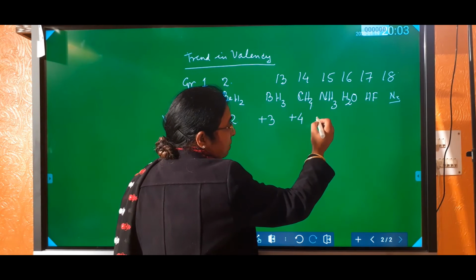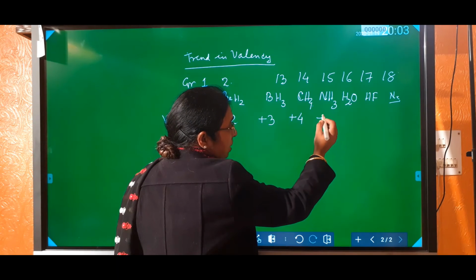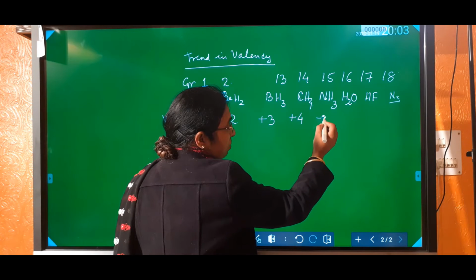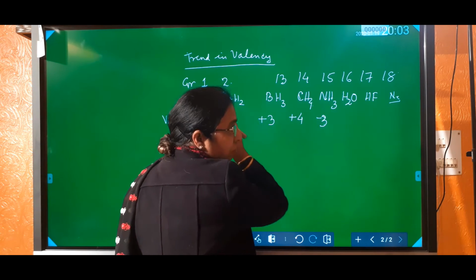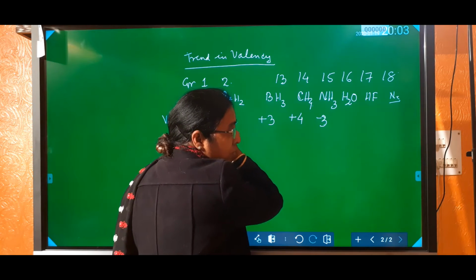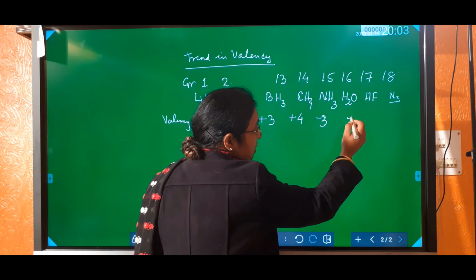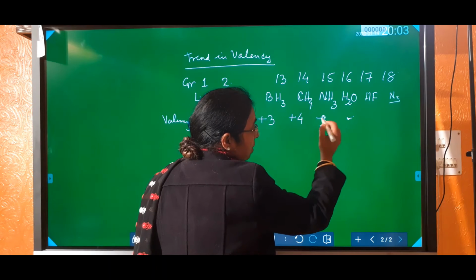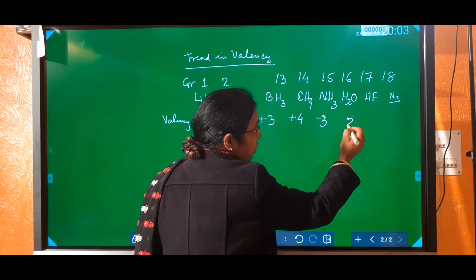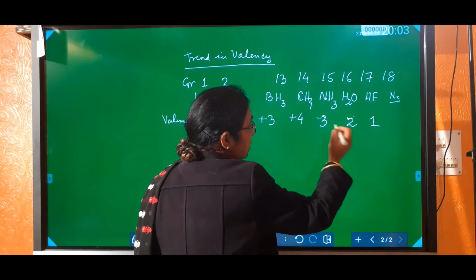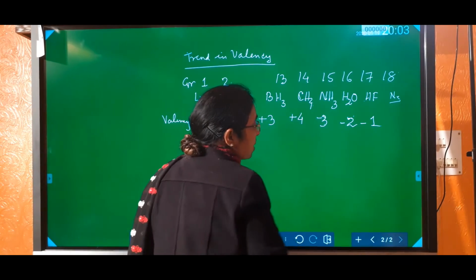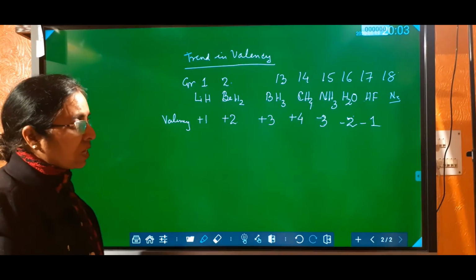Now the valency for nitrogen will become 3. And for oxygen, now it is combining with 2 hydrogen, so its valency is decreasing to 2. Similarly, for fluorine, the valency is decreased and the charge now becomes minus.